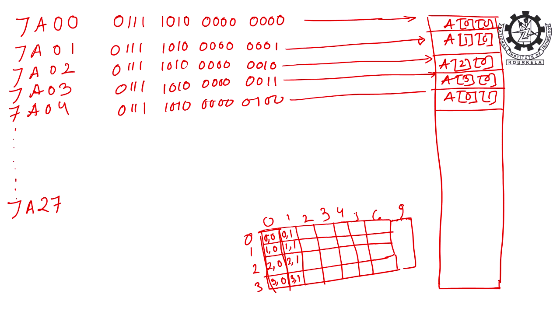This will be 39. So, this will be what? A is the same, A will be 1010, okay, and 27 is 001 0011 1. So, this will be A39. So, last element. Okay.